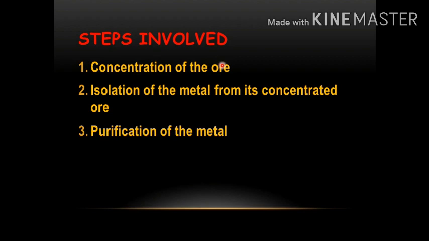In the first step, we will be removing all the impurities present in the ore. In the second step, we will isolate or extract the metal from the ore. And in the third, we will purify the impure metal. So these are the three steps involved in the extraction of metal, and we will study all of them in detail.